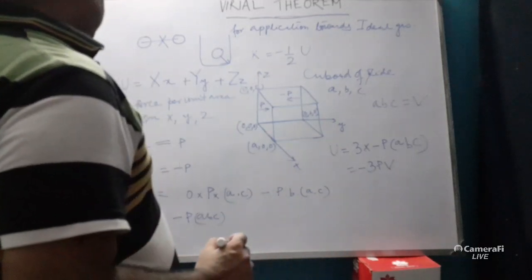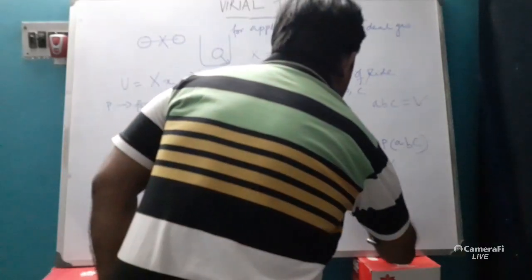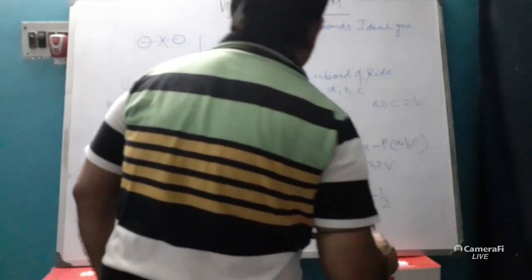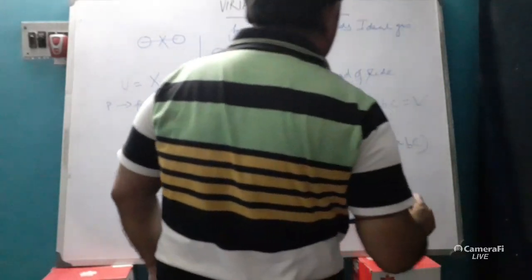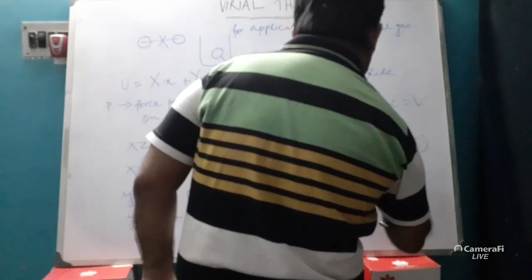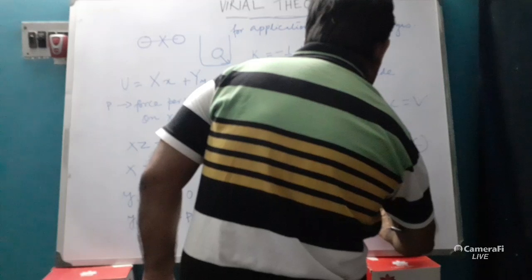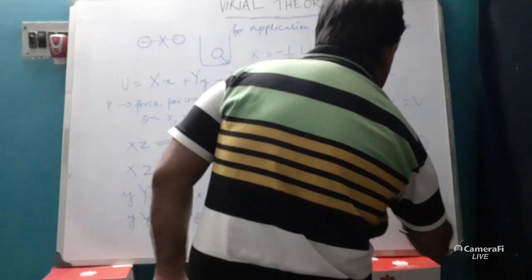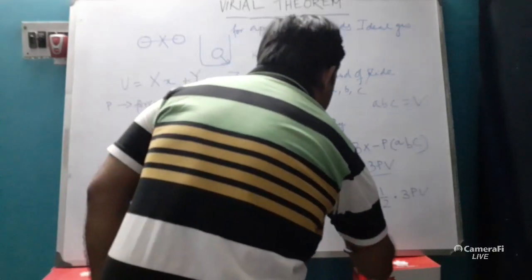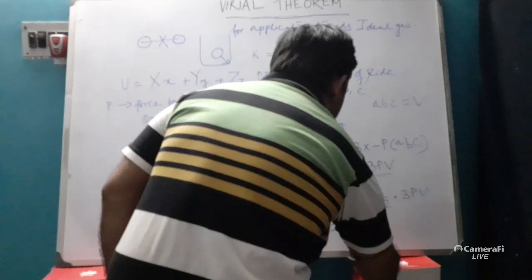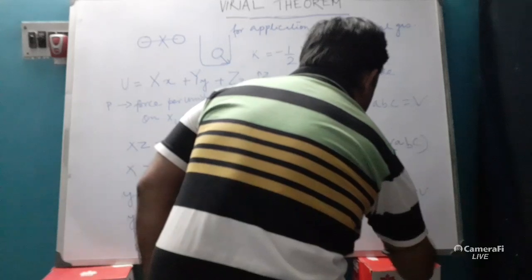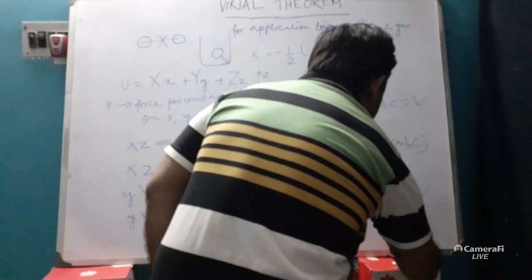So from the kinetic energy we have K equals minus half U. What is half U? Half U is this one. It becomes plus 3PV, and for kinetic energy we have half mc square equals 3 by 2 PV.